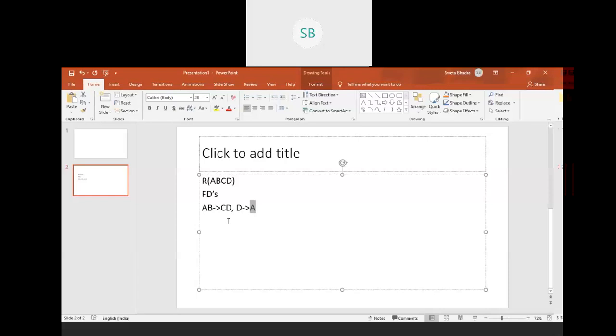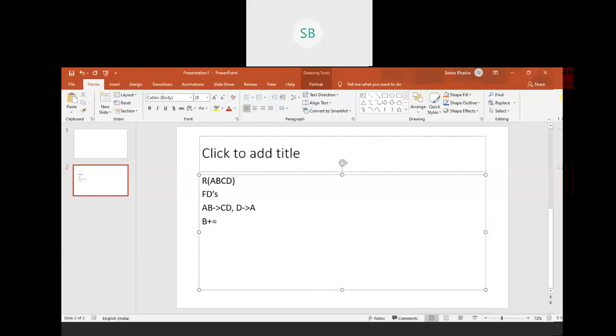But if I find the closure of B, according to the reflexive property we will be getting B only. So B alone won't be the candidate key. It should be added with something.